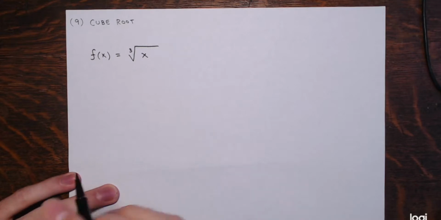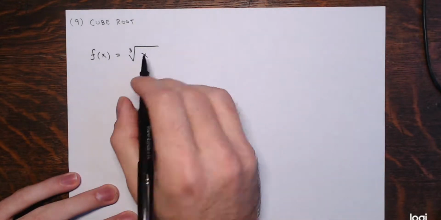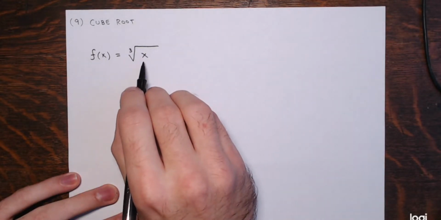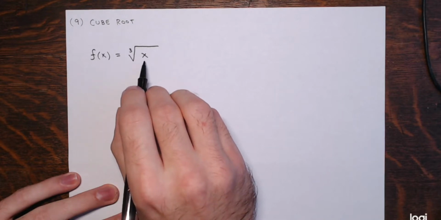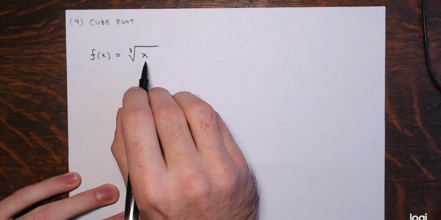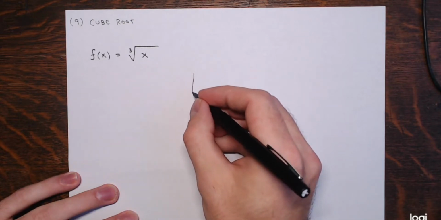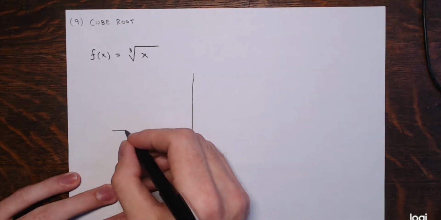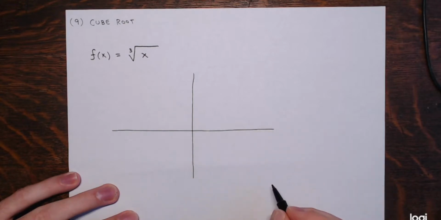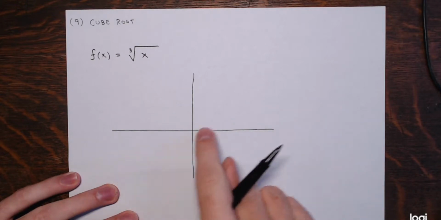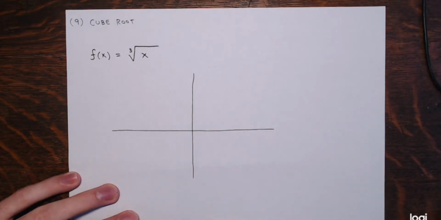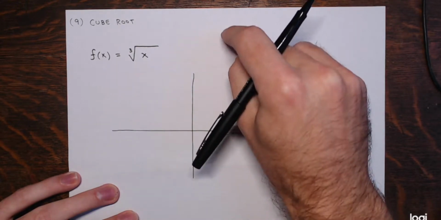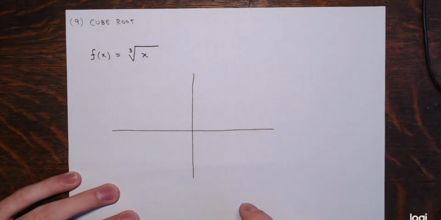And x can be any real number here. Remember, you can take cube roots, odd roots, of anything, not like square roots. And this will be kind of like that cubic curve from earlier, but instead of going bottom to top, it's going to be going left to right. You'll see that when I make this graph.